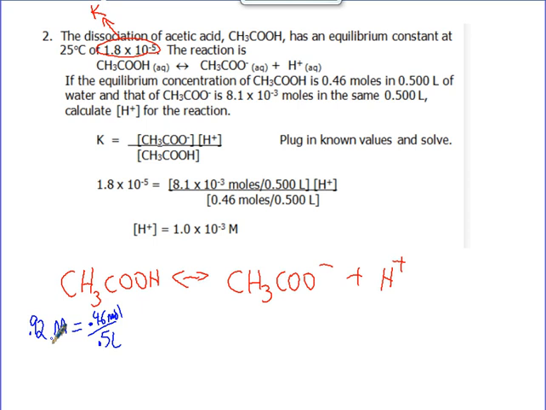And then we also have the acetate, 8.1 times 10 to the minus third, divided by 0.5 liters. And I have 0.0162, and we don't know the hydrogen.